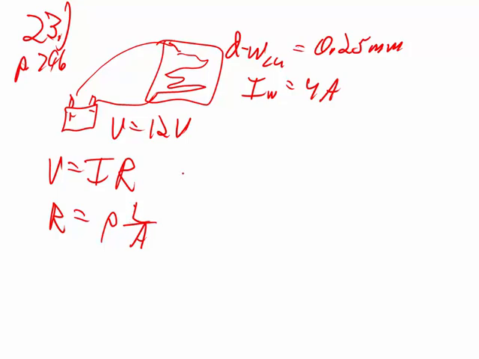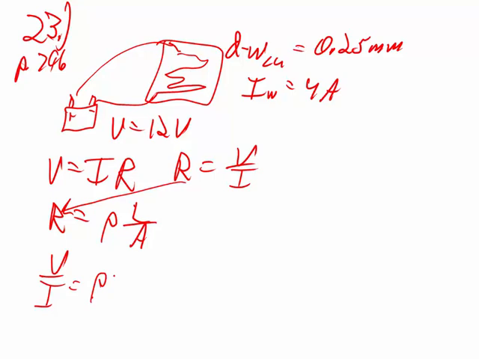So we know that R is equal to the voltage divided by the current. Now watch what I'm about to do. If we substitute right here, the voltage divided by the current is equal to the resistivity, rho, times the length of the wire divided by the area. So now let's find the length of the wire.